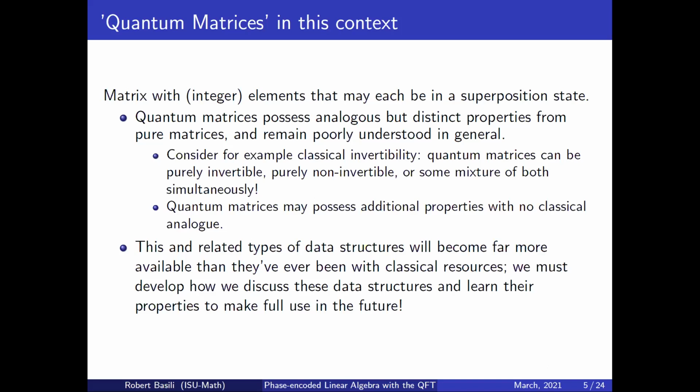As I said, you can do them on classical computers, but the scaling is terrible. That's why we've never really needed to learn how to talk about such a matrix, because it's never been feasible. But this is something that quantum computers will be particularly good at, so we need to know how to use them.